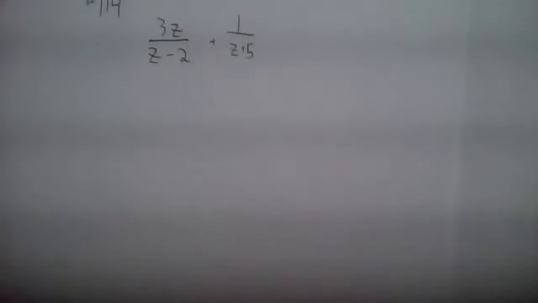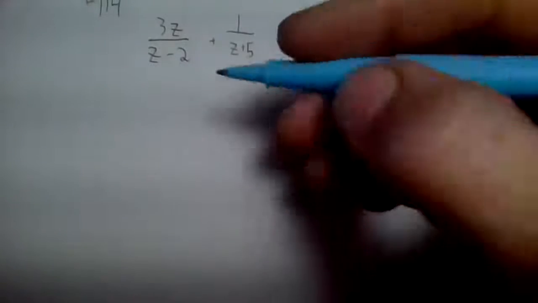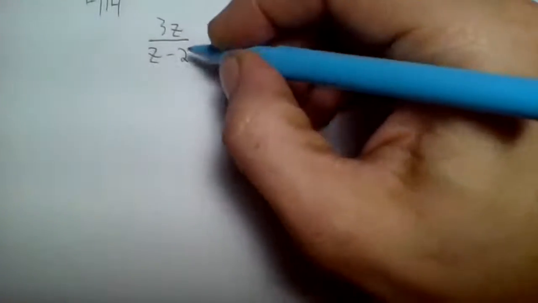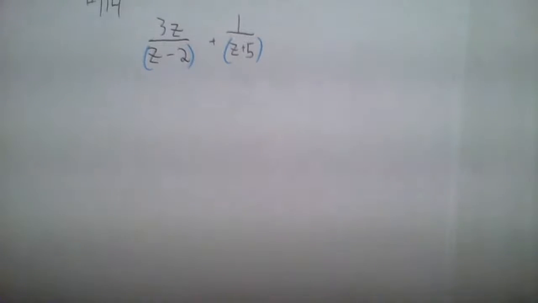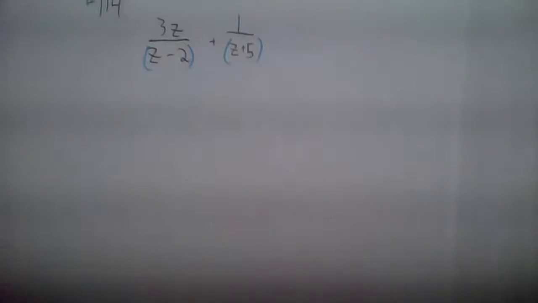And I have to recognize, first of all, I need a common denominator, and then that these are just two different things. They have a z in them, but I really should think of them this way with the containers. Those are two different factors right there. Z minus 2, z plus 5 are just two different factors, nothing in common.